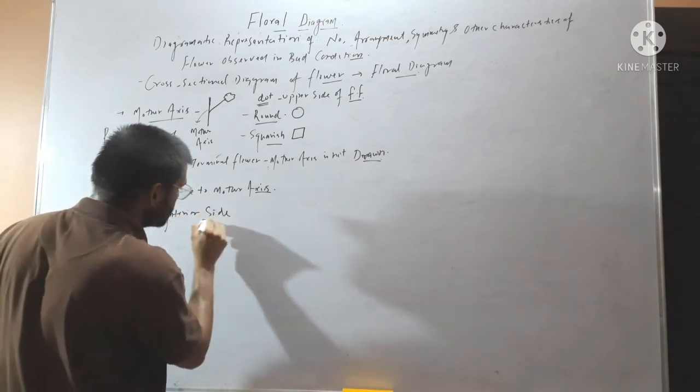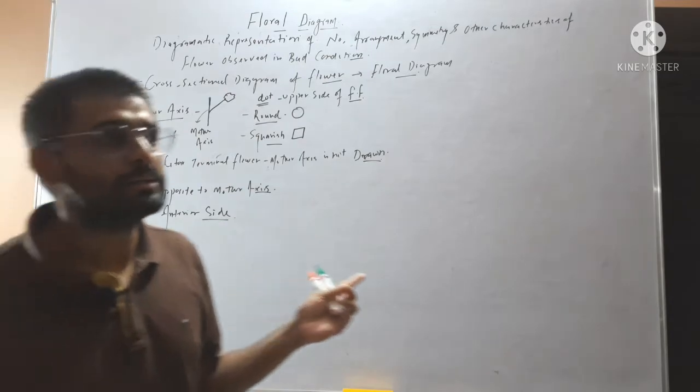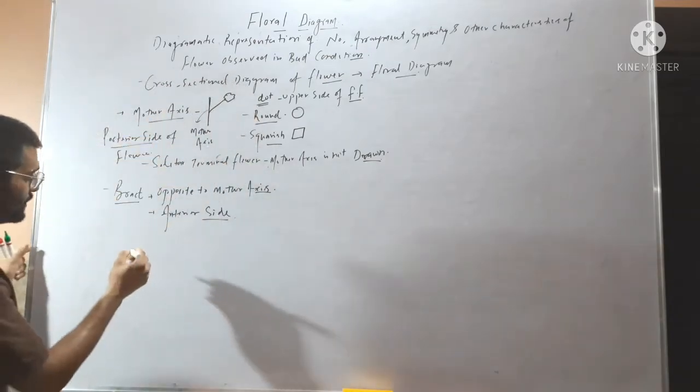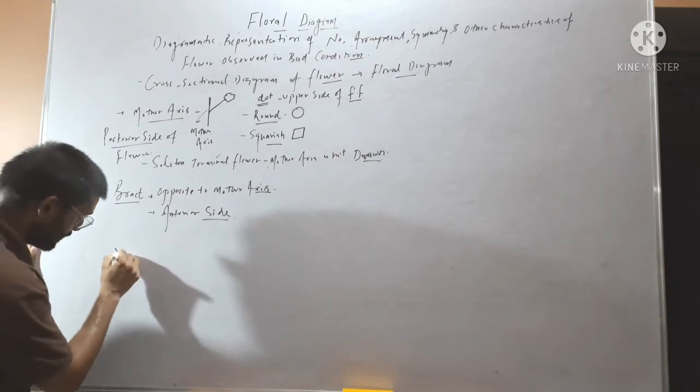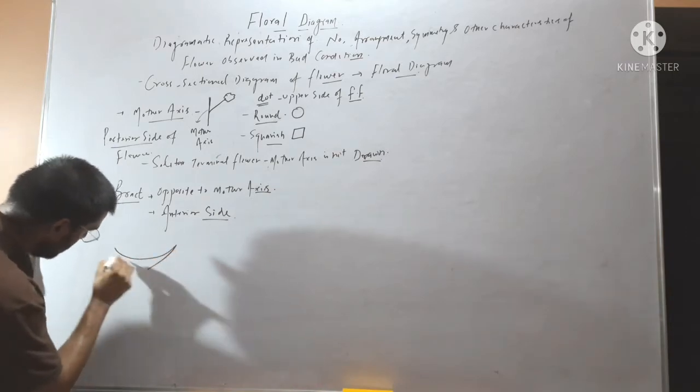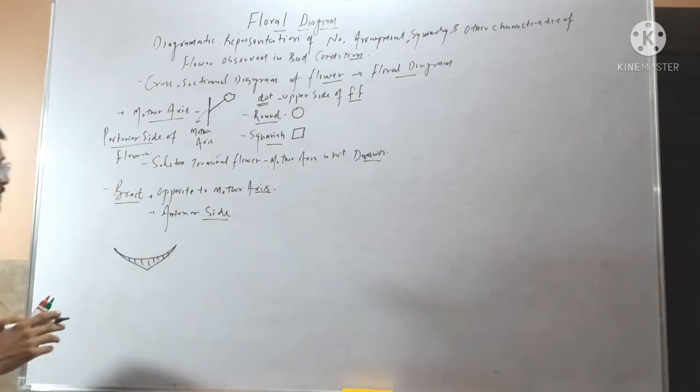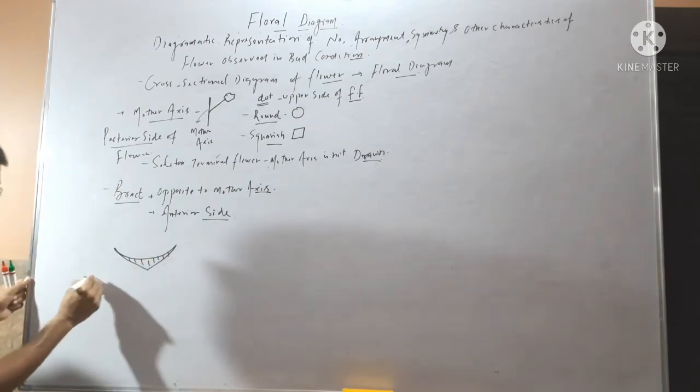So if bract is present, it will be drawn opposite to the mother axis towards the anterior side, in the form of an arc, like this.